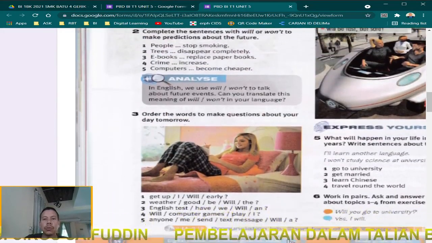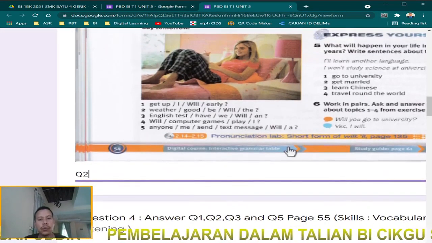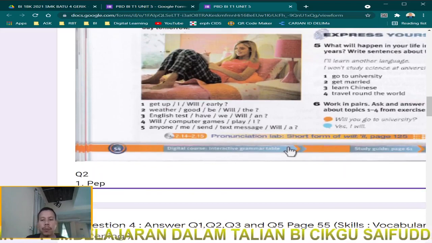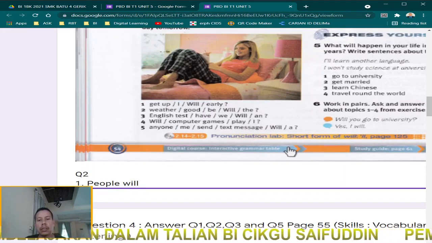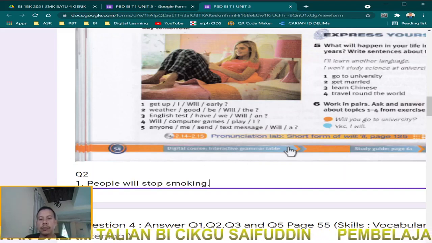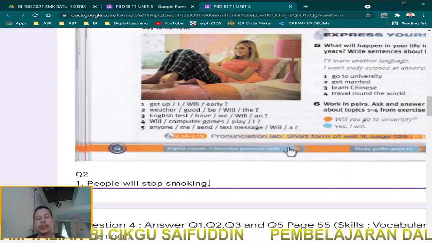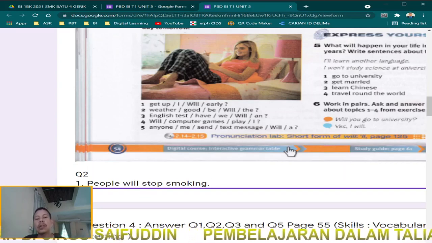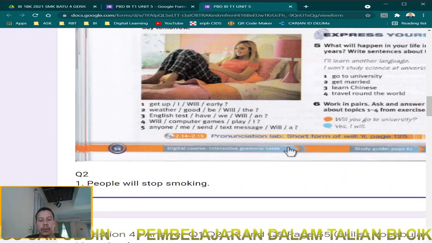For question 2, number 1, people will stop smoking. Both answers are true. Mana-mana jawapan pun betul. Depends on your opinions. In your opinion, either the people will stop smoking or the people will not, or won't, stop smoking.